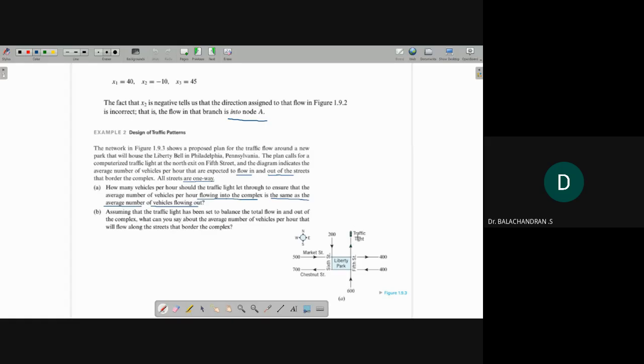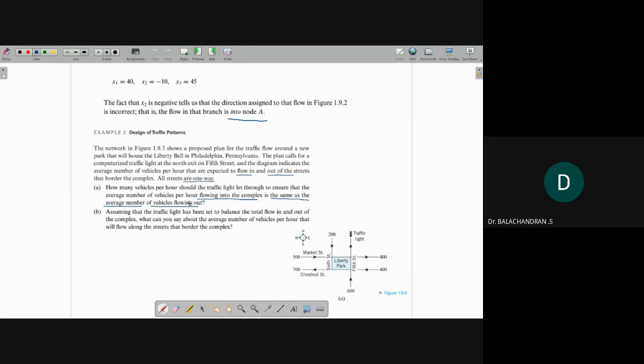So let us take X to be the number of vehicles going through the traffic light, because the question is: how many vehicles per hour should the traffic light let through to ensure the average number of vehicles per hour flowing into the complex is the same as the average number flowing out?